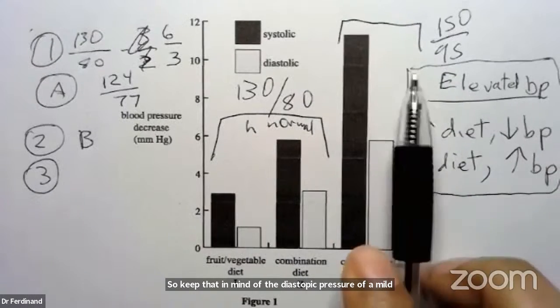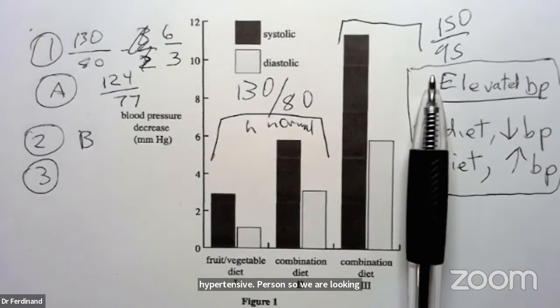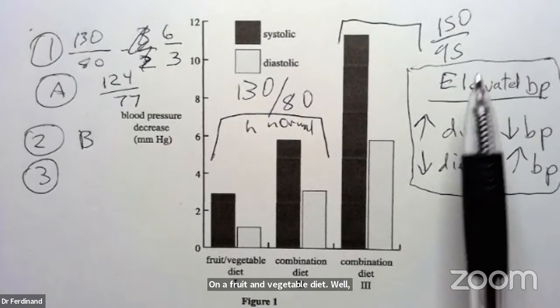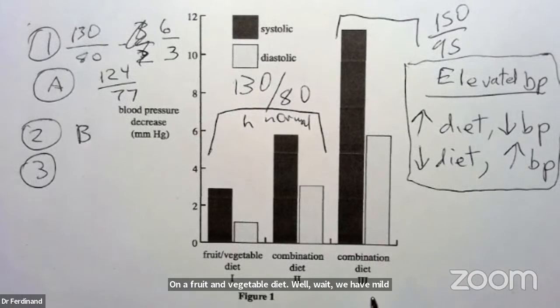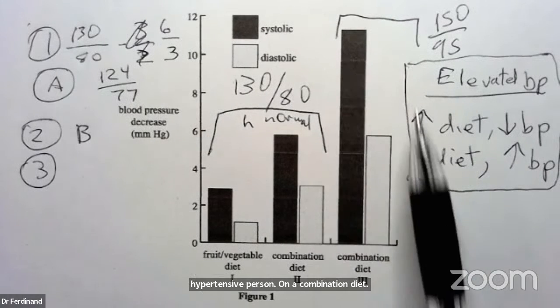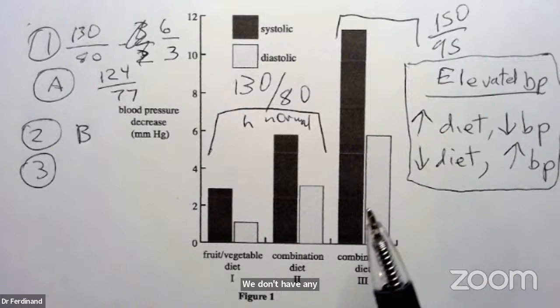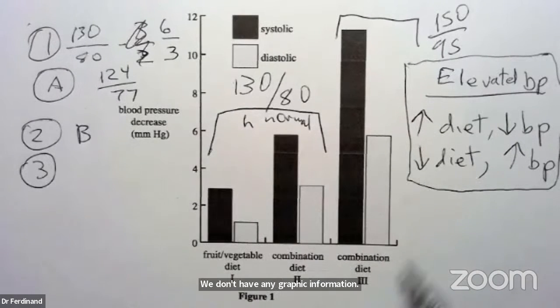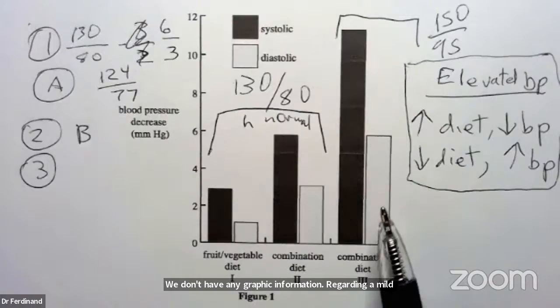So we are looking at a mild hypertensive person on a fruit and vegetable diet. Well, wait, we have a mild hypertensive person on a combination diet. We don't have any graphic information regarding a mild hypertensive on a fruit and vegetable diet.